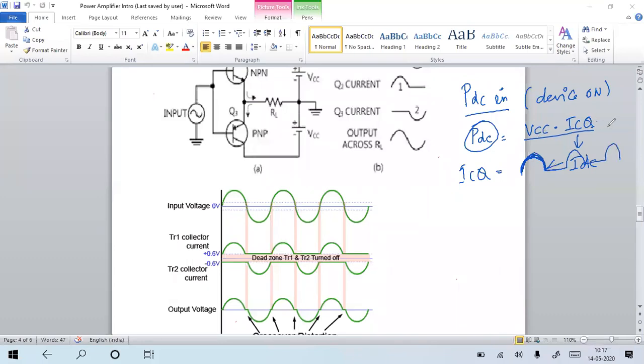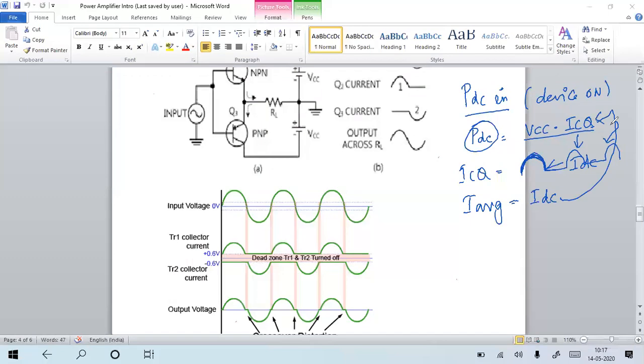So VCC into this current, but this is alternating in nature. How can I find the DC current of this signal? We already discussed this in rectifiers: you have to calculate the average current for this signal. That must be IDC, and that value we need to substitute here.